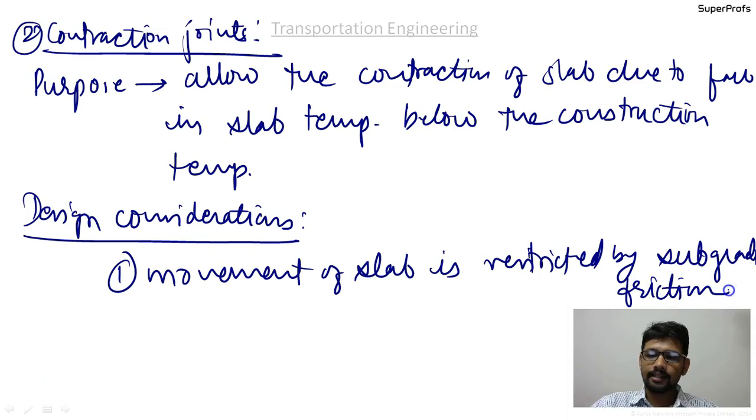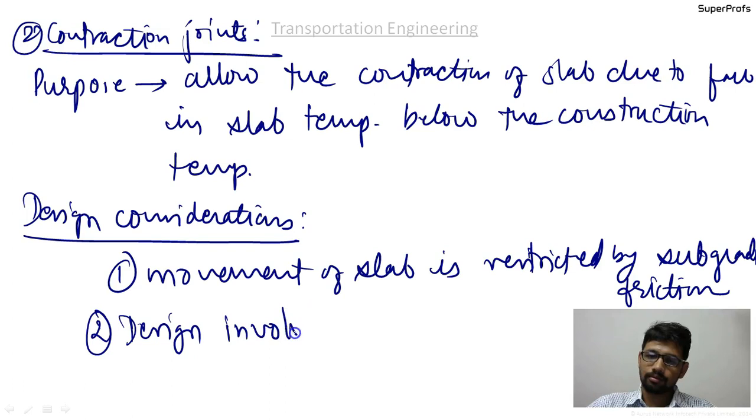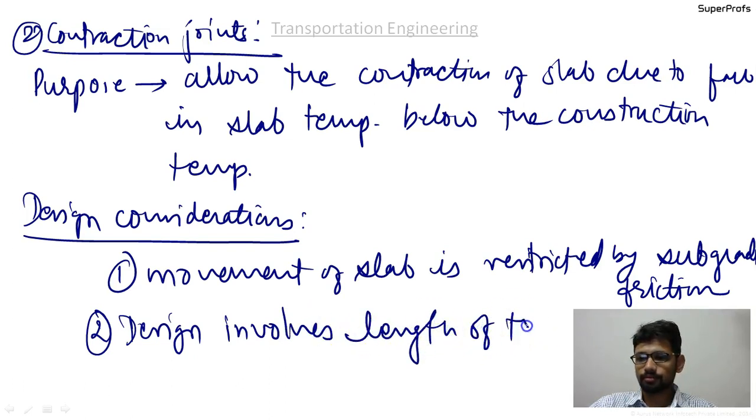And the second design consideration is that the design involves the length of the slab given by... so we will be discussing now the length of the slab should be given by what parameters.